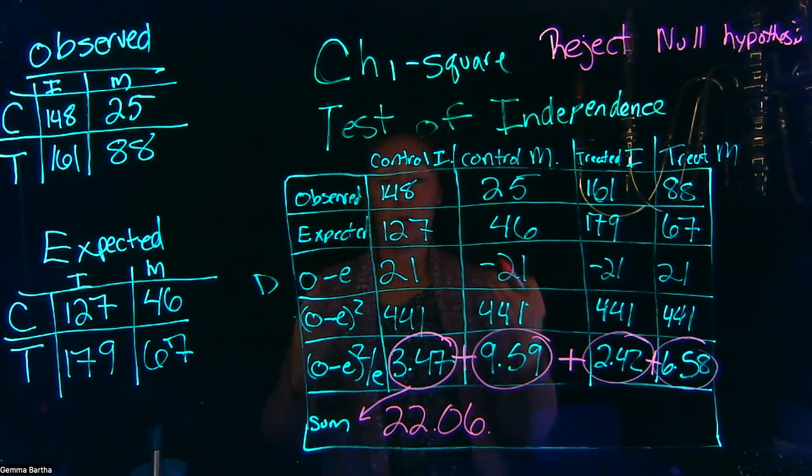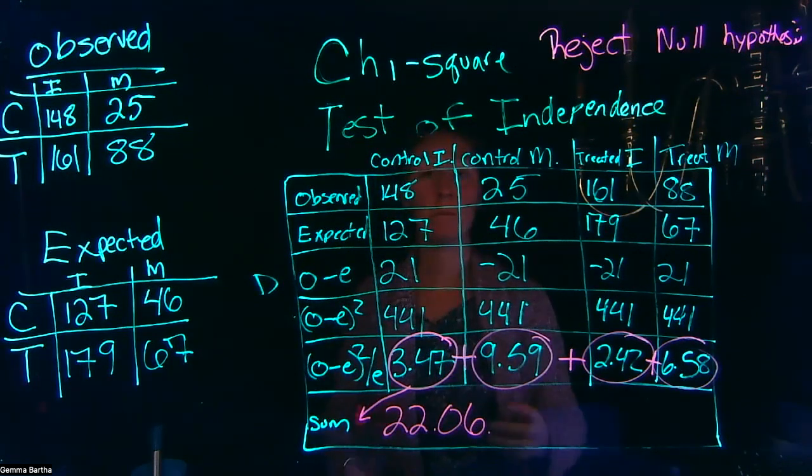You've got this number, great. Now you need to look at the critical value. There's a critical value table that you are looking at, and in order to know which column you are focusing on, you need to figure out the degrees of freedom.